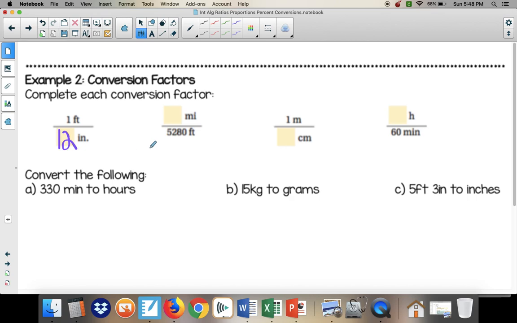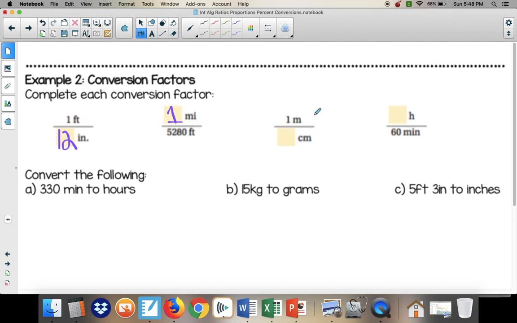So then when we look at miles, we want to know how many miles is 5,280 feet. So if you know this offhand, for 5,280 feet, it is 1 mile. Miss Hall should have figured that out because look at 1 on my feet, 1 on my mile.